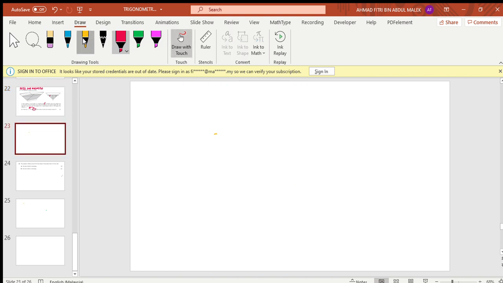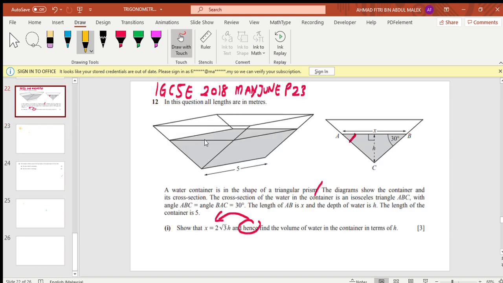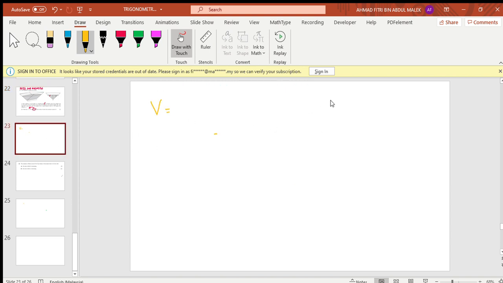So the volume. How do we get it? Basically the formula of the volume is the area of the base times its height. For example, for a cuboid, the base area times height, where the base area is length times width.